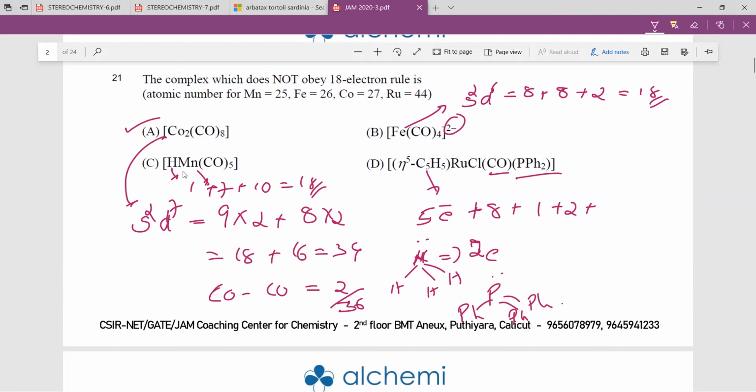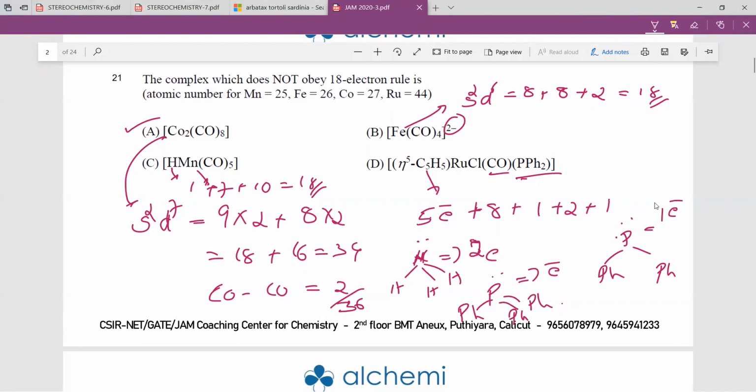So if it's 3 valency, it will be a 2 electron donor. But in this particular question, you can see only 2 valency is satisfied. PPh2 is the molecule given. If 2 valency is satisfied, then it is a 1 electron donor.